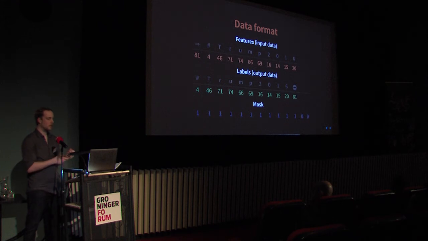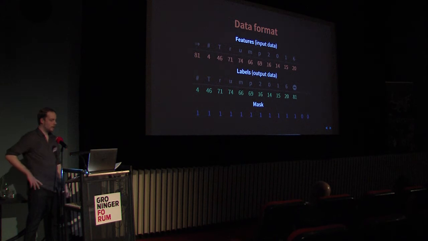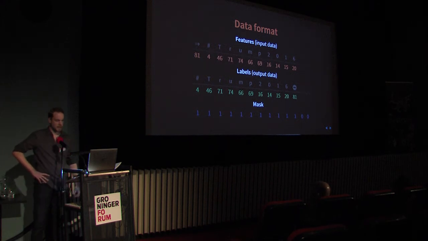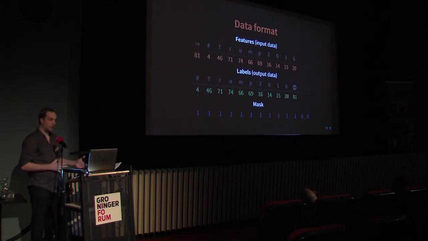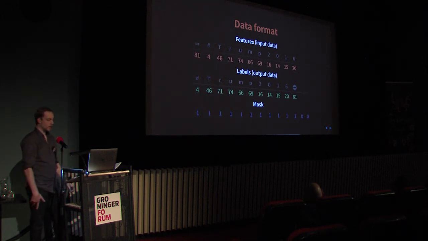So we introduce one artificial extra character, which is like the start of tweet character. Here I used an arrow sign to indicate it. But we're converting every character to an integer value that represents the index of the character among all the unique characters that exist in all his tweets. And the special character just gets the number of characters as its integer value. It's zero-based, so it's just one extra character.